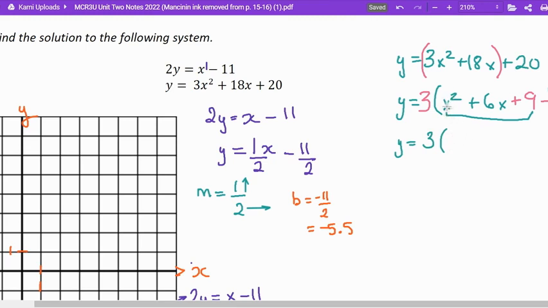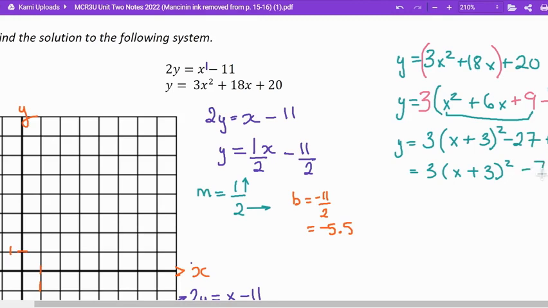So I get y equals 3. Okay, so to factor this perfect square trinomial, we have an x plus 3, all squared, minus 27 plus 20. And finally, let's simplify the constants at the end.